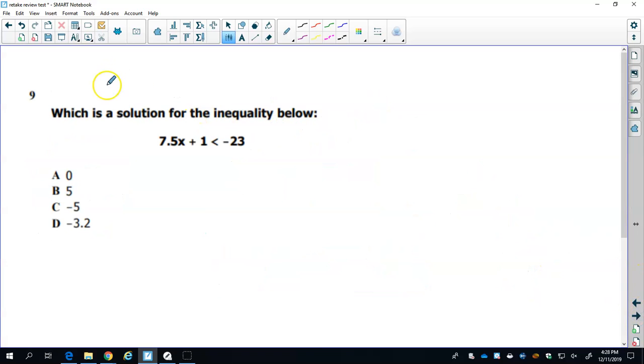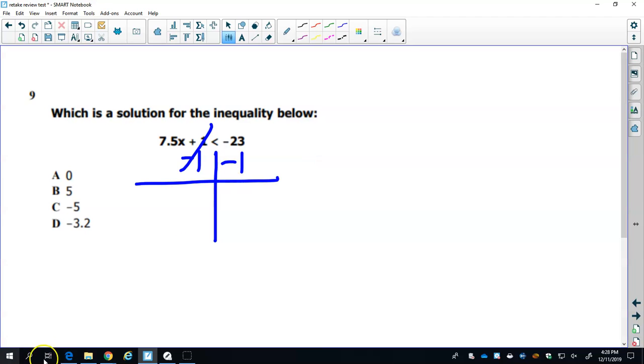All right, we're over halfway now. Let's go to number 9. What is the solution for the inequality? I'm going to put my line down the middle. I'm going to subtract 1 from both sides. And so what I have here, on the left it cancels out, but on the right it's negative 23 minus 1.